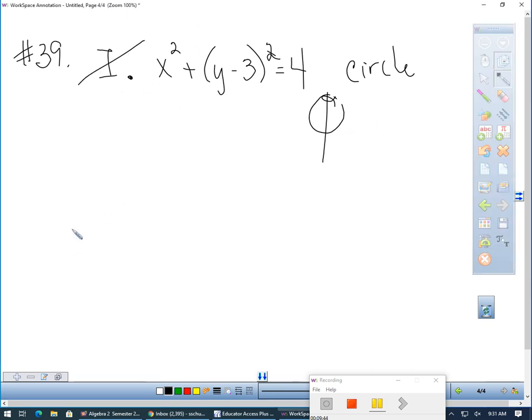The second one is a table. And you'll notice when you look at the table that none of them repeat. So the second one is good, no repeats, right? So it is a function.